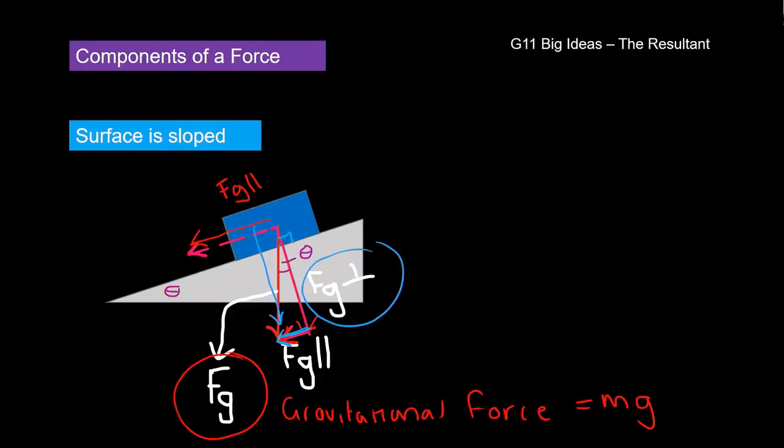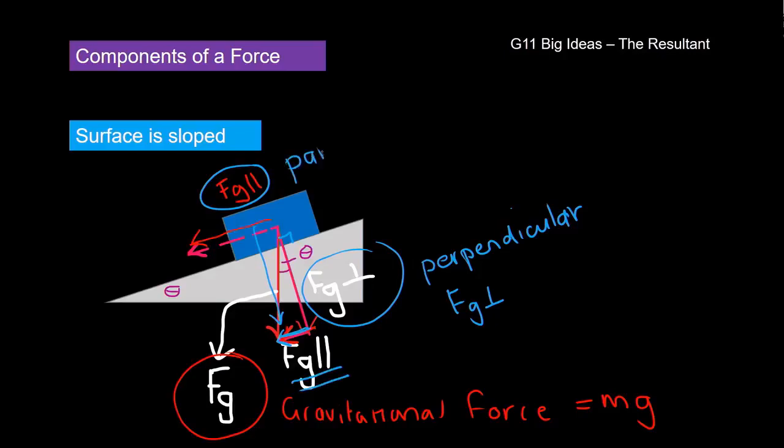Here we're going to write perpendicular. And you can see it's written like this. It's the perpendicular component of the resultant force, which is the gravitational force. This one here, which we've redrawn over there, is the parallel component.